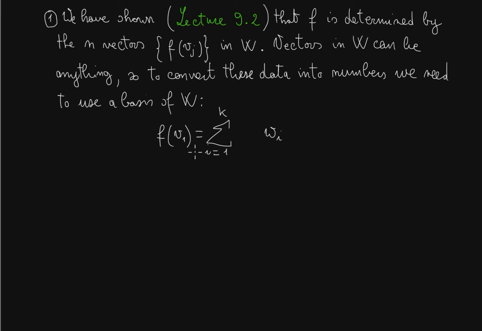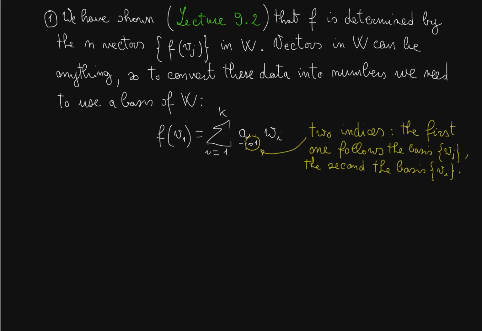Being an element of W, it will be a linear combination of the basis that we have chosen of W, the W_i's. And therefore, there is a linear combination of W_i's with certain coefficients, which are certainly numbers. Now, how do we represent these coefficients?